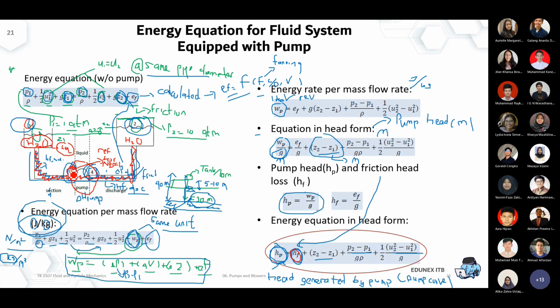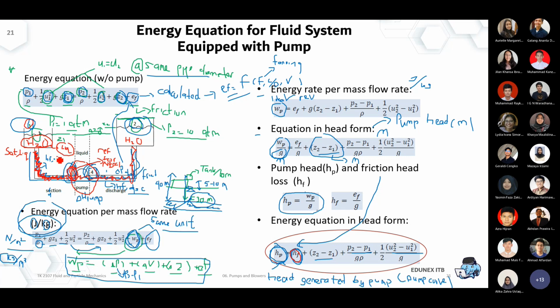Sometimes you're safe at point 1, but because of the friction at the suction part, it could change the phase of your liquid. Initially I have a saturated liquid over here, for example, and then I have a pressure drop because of the friction along the way. When it enters the pump, this pressure drop could vaporize some of your liquid.